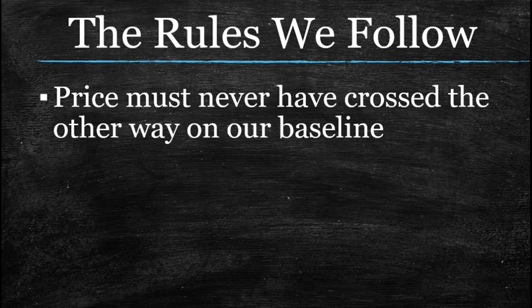So if we are going short, and price had already crossed short, we entered a trade, and then we exited, continuation trades still going short can happen as long as at no point in time has the candle crossed and closed long over your baseline. Everything has to have remained short, just like I showed you on the MACD. On every example of those short continuation trades I just showed you on the MACD, those lines never crossed back above 0. So you're going to see this in real time.